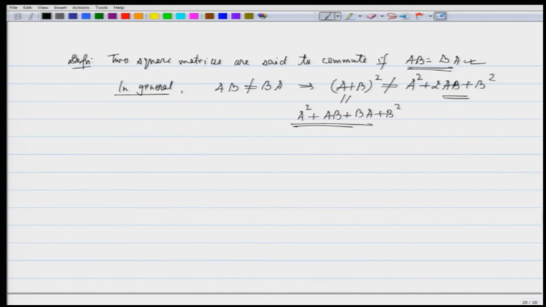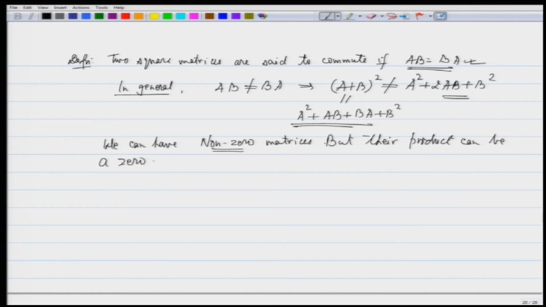So, let me write that as an important point: we can have non-zero matrices, but their product can be a 0 matrix.